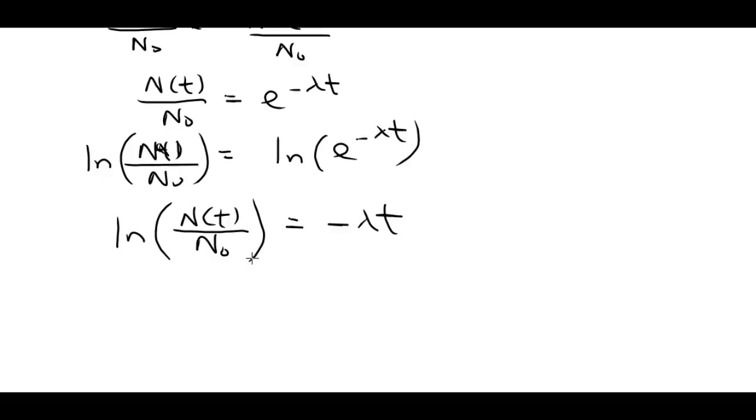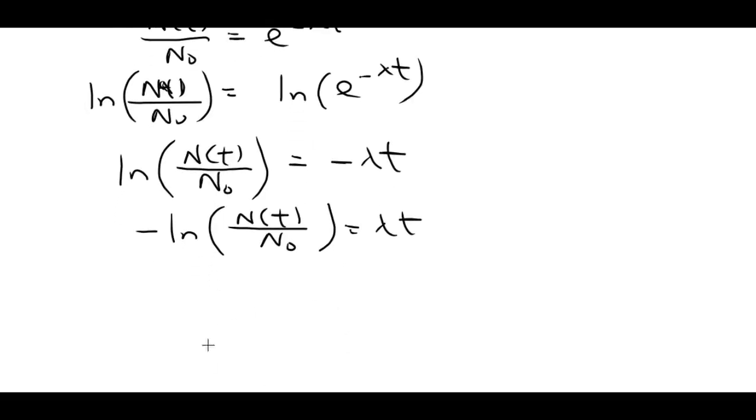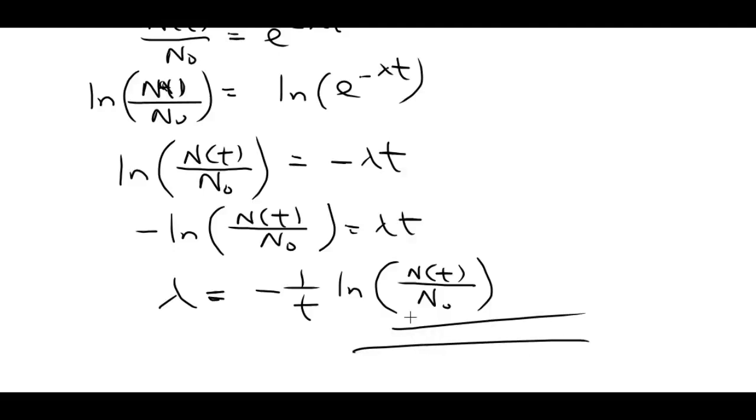Then divide both sides by negative 1. You have minus ln N(t) over N naught equals lambda t. Then divide both sides by t so that you can isolate lambda. So lambda will be minus 1 over t ln N(t) all over N naught. So this is the formula for the decay constant according to the decay law. And in this formula, you have your parameters defined already.